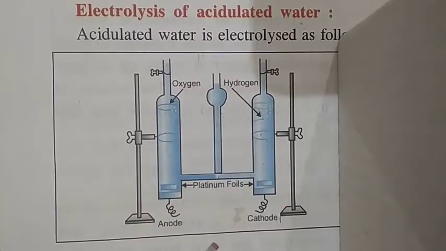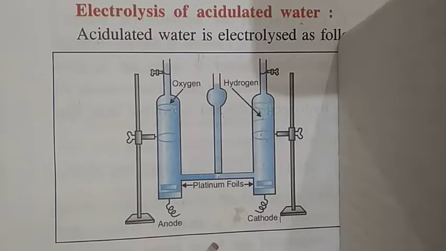For the electrolysis of water, as I have told you, in electrolysis, electric current will be given to the chemical compound. As we know that pure water is a weak electrolyte, we will add a strong electrolyte.